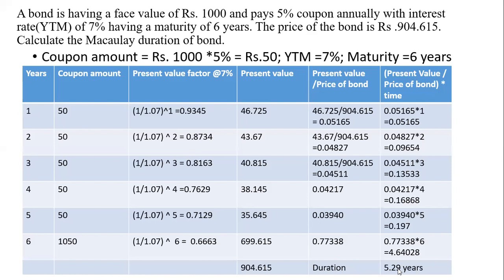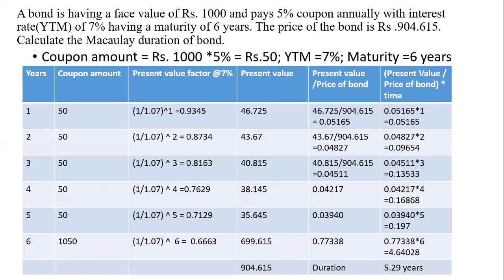That means the duration of the bond is 5.29 years. We can hold this bond till 5.29 years to get back the investment amount along with interest. So this is bond amount recovery, investment recovery in 5.29 years.